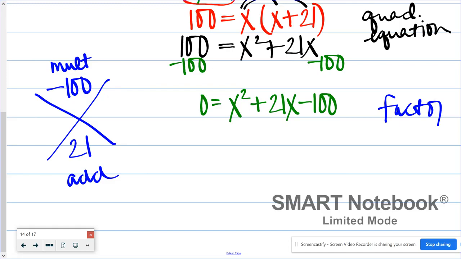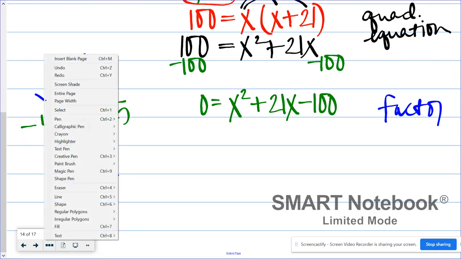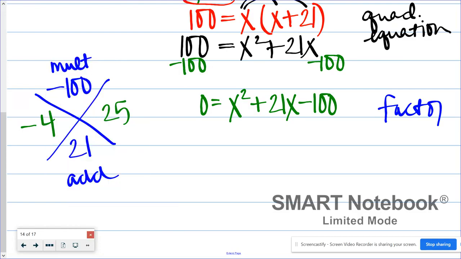Okay, if I go 4 times 25, this will give me 100. It has to be negative 100, so that means one of these is negative. Since I want them to add to be positive 21, the 4 should be negative, because negative 4 plus 25 is 21.